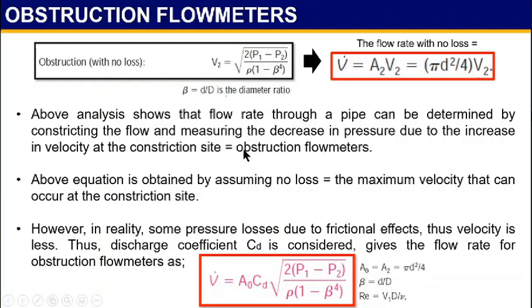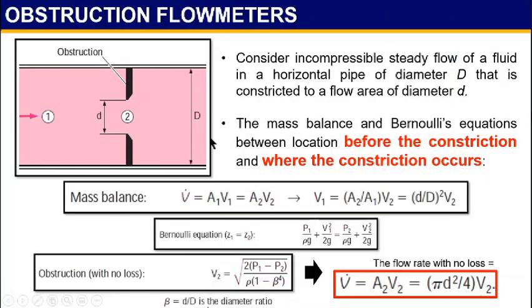Using this concept, we will learn about several types of obstruction flow meters later on. So we can calculate the flow rate due to the decrease in pressure at point 2 due to the accelerated velocity at this point.